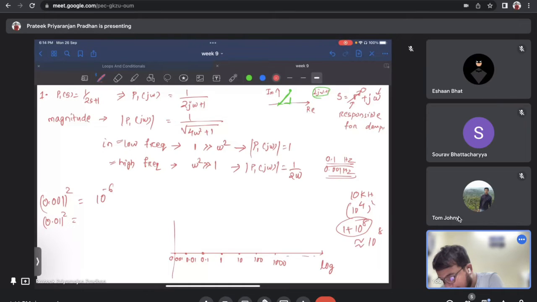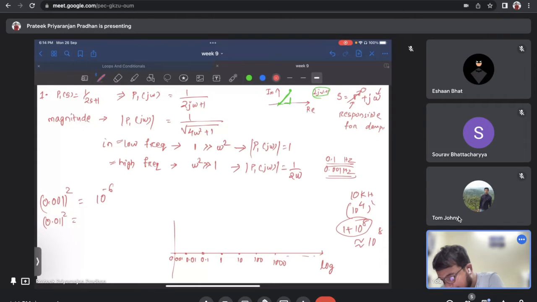Can I say this? Can you just confirm? Because it is the intersection point of low frequency and high frequency, it should satisfy both the properties. Am I clear, Ishan? Or I can explain it again. So that means 1 is equal to 1 by 2 omega.